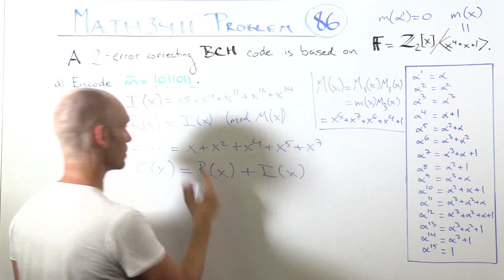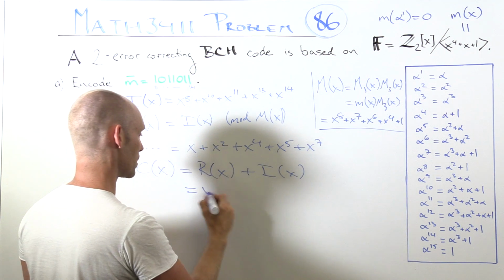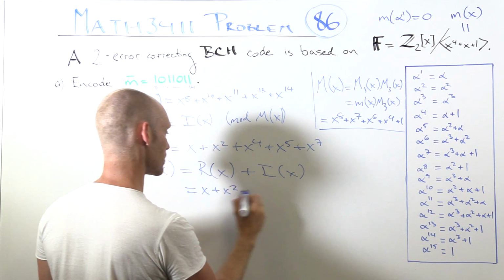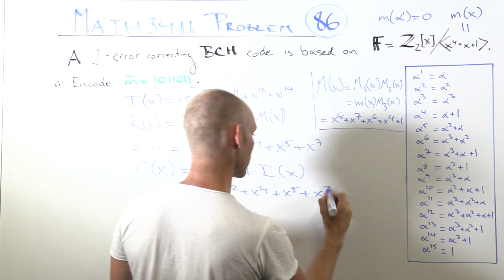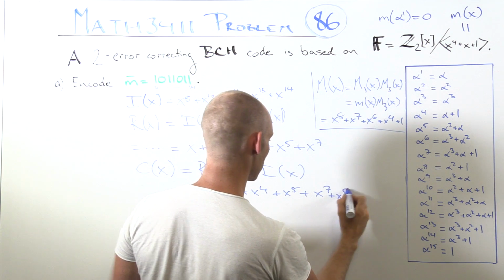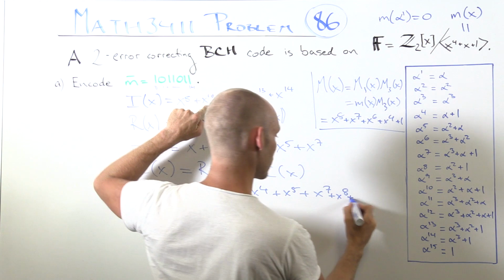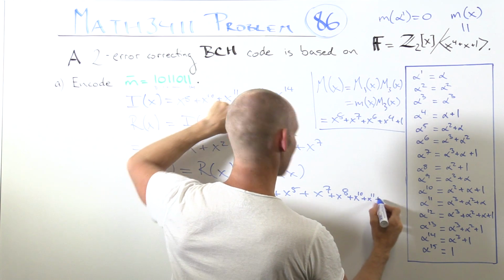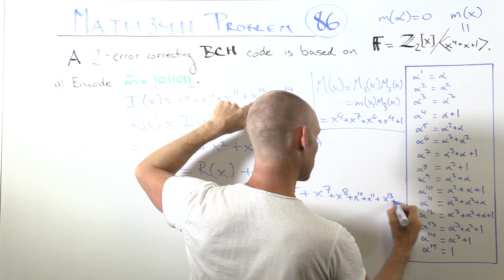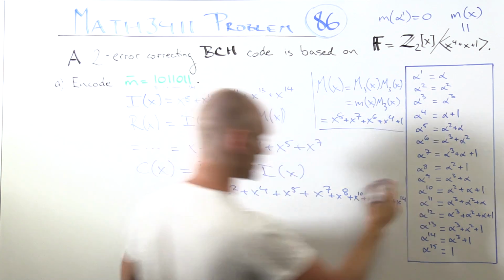So that's, if we write it all up, we've got x plus x squared plus x to the power of 4 plus x to the power of 5 plus x to the power of 7 plus x to the power of 8. Now we're up on this polynomial, 10, 11, running out of space, 13 and 14. Just made it.